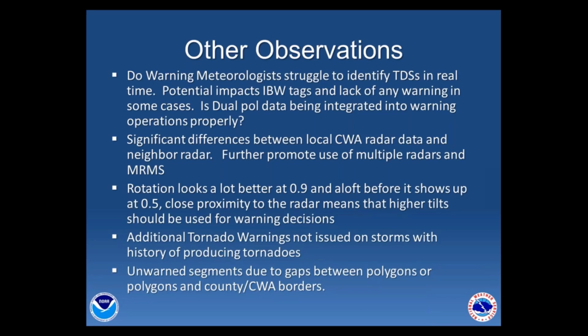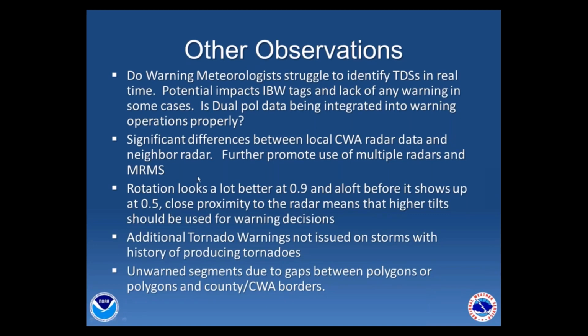That's something as a TWIP team we're going to be looking at, as far as maybe having some recommended displays for these warning operations. Do we need 6 panels or 9 panels? A good 6 panel might be reflectivity, SRM, rotational tracks. You can have ZDR, KDP, and correlation coefficient if you're in tornado mode. Warning meteorology, so there's a lot of things we can look at there.